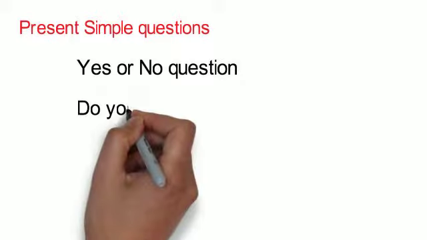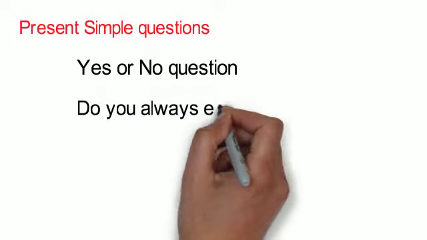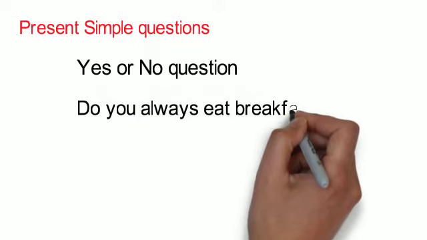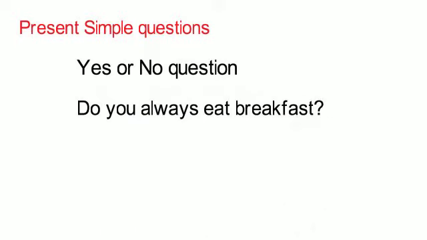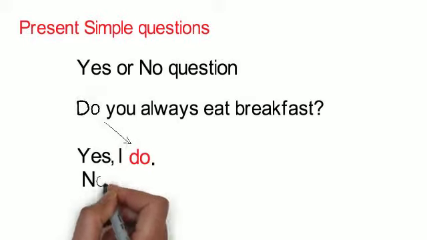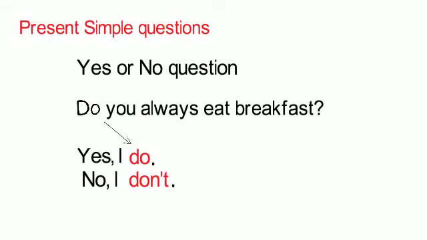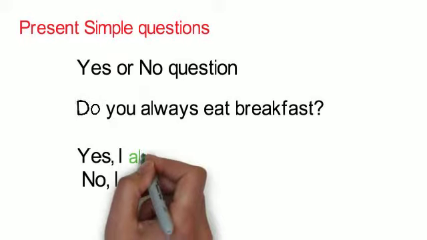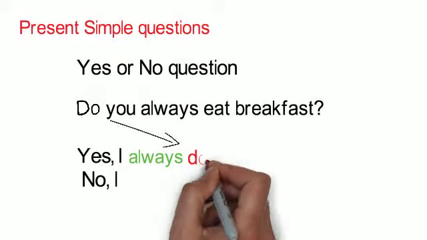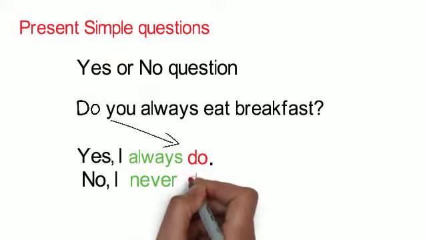For example, with the question, "Do you always eat breakfast?" the answer would be, "Yes, I do," or "No, I don't." You can also answer with always or never. So you can say, "Yes, I always do," or "No, I never do."